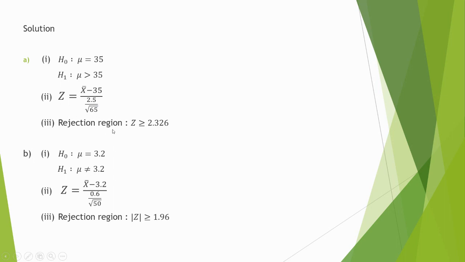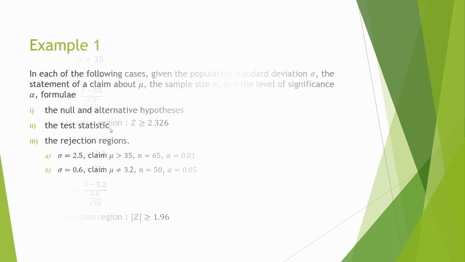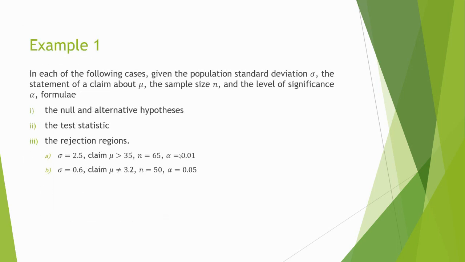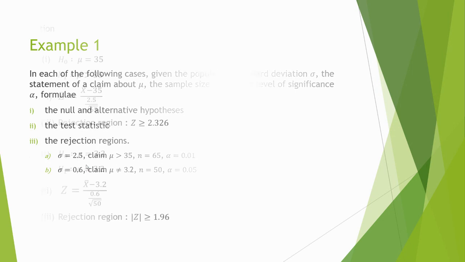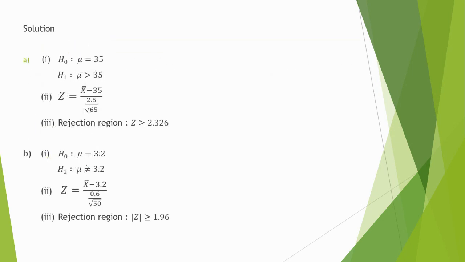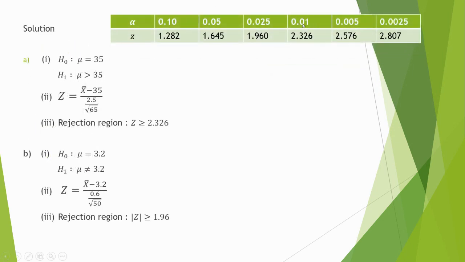The rejection region here is based on your alpha. Alpha is 0.01, and 0.01 is 2.326. So our critical value is Z greater than or equal to 2.326.